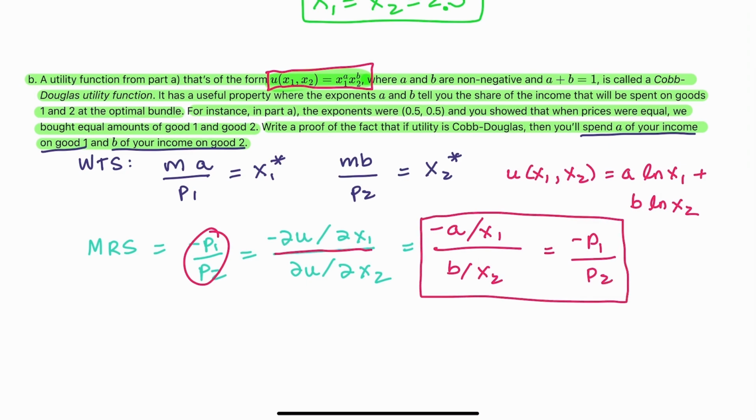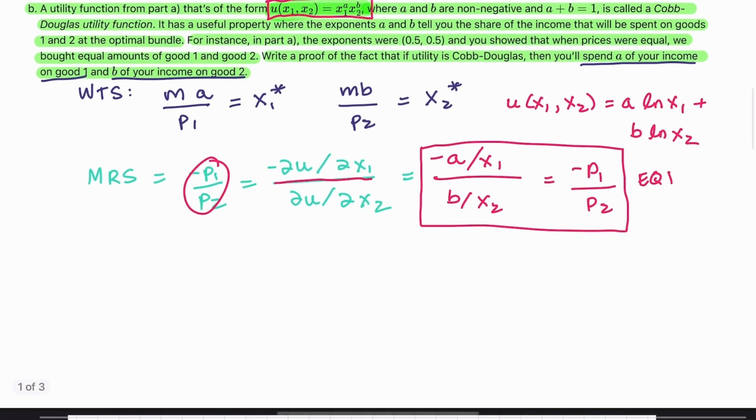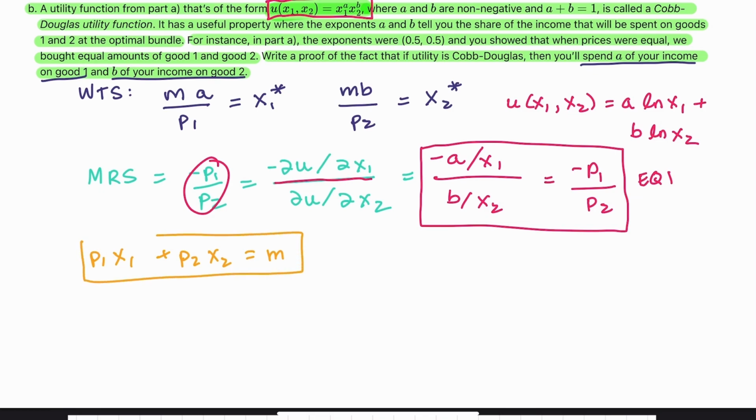I'll label that equation 1. Our second equation is the budget constraint, which is just P1 times x1 plus P2 times x2 is equal to M. We spend all our money. And so that's equation 2.